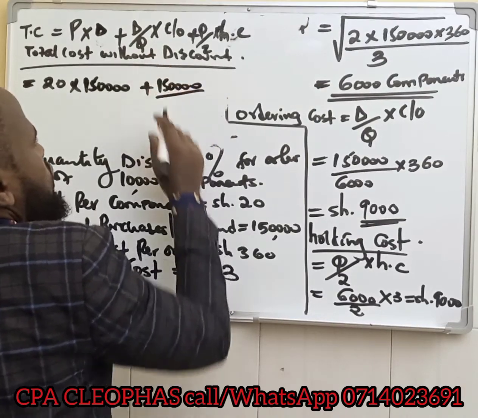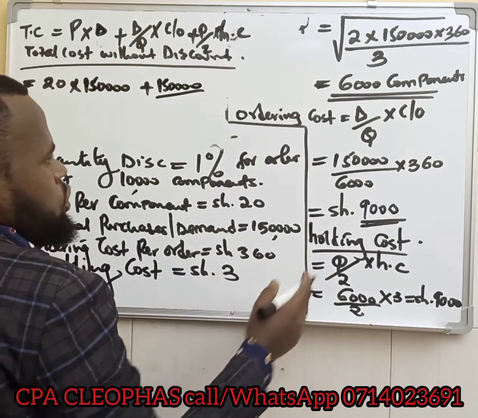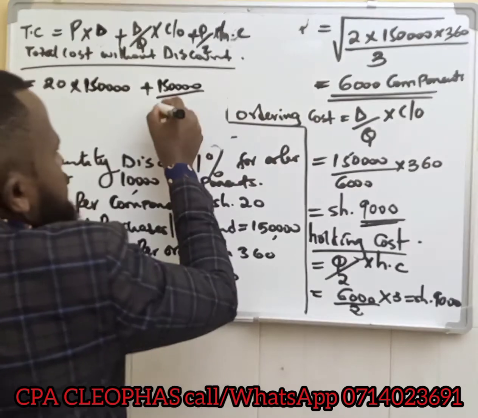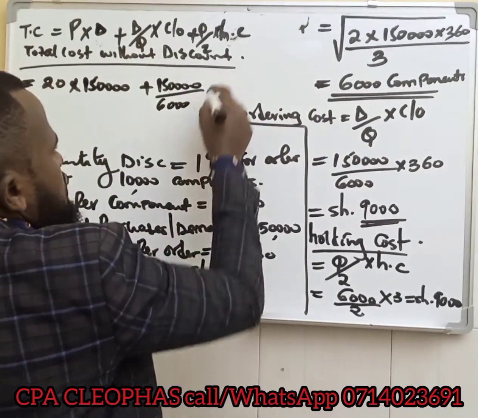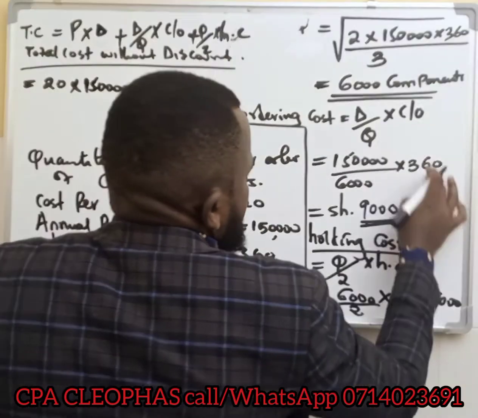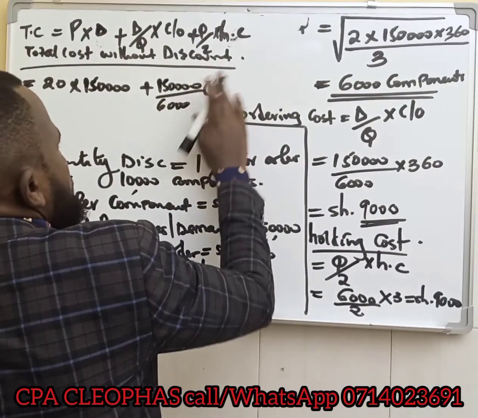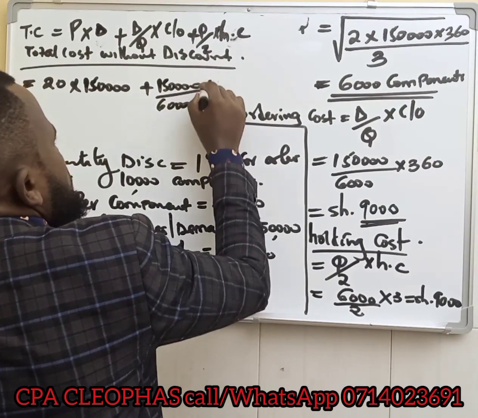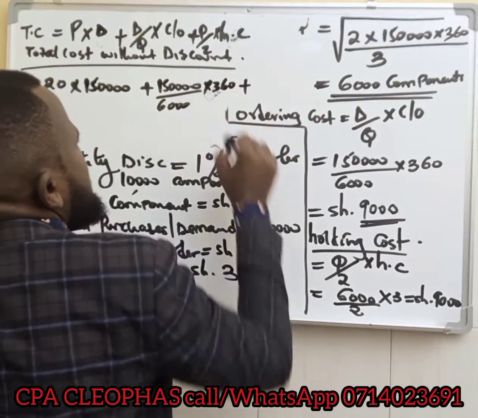Plus again D, which is 150,000, divided by Q, and without discount we are going to purchase at EOQ, the optimal 6,000. So Q is 6,000, times the ordering cost per order, which is 360, which we had already computed.